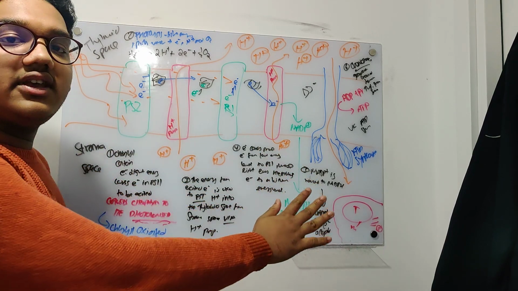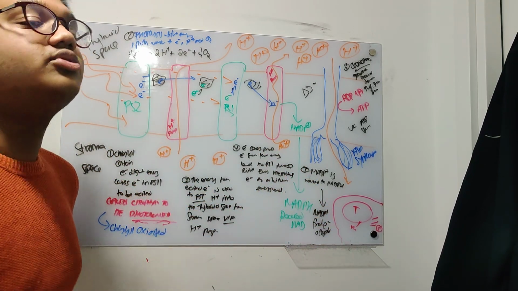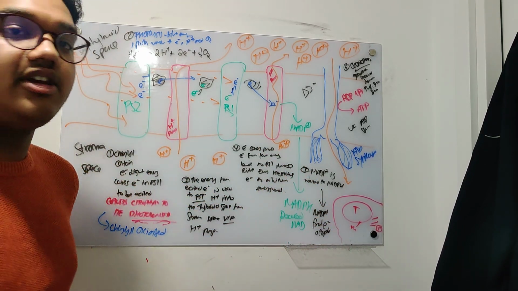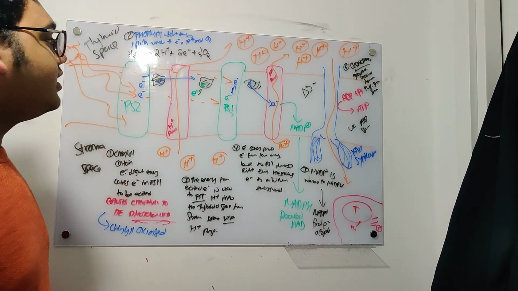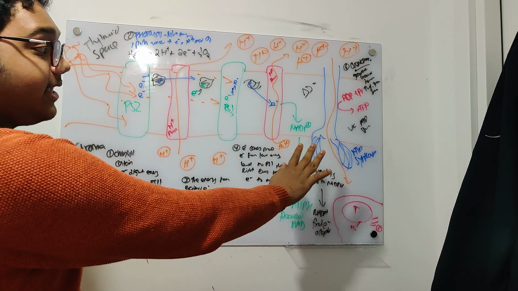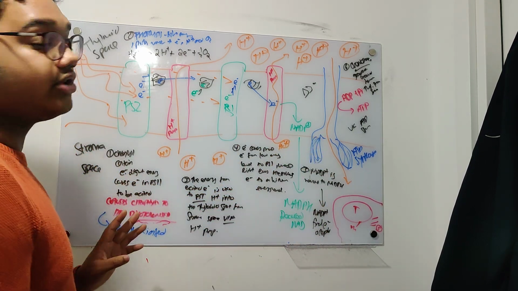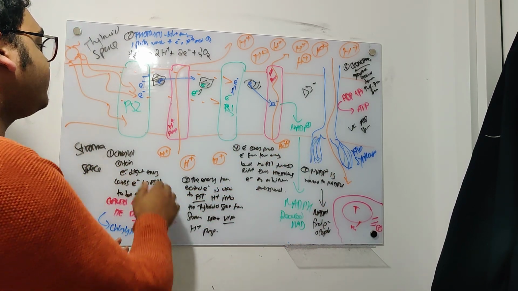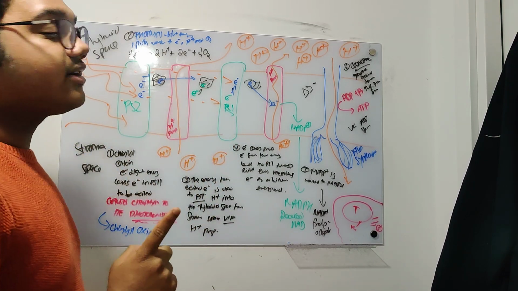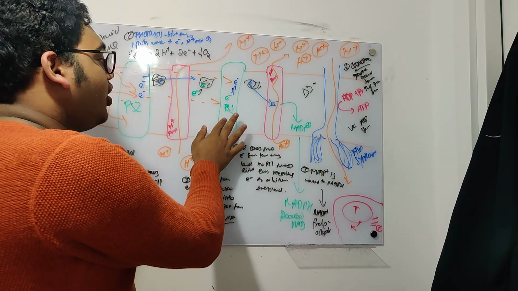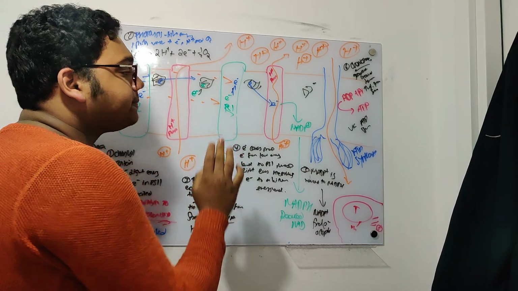This whole process is called the electron transport chain, or the chemiosmotic theory. It might be how it's labeled in the textbook, for example. This process is non-cyclic photophosphorylation because it involves photosystem 2 and photosystem 1. In cyclic photophosphorylation, it only involves photosystem 1.